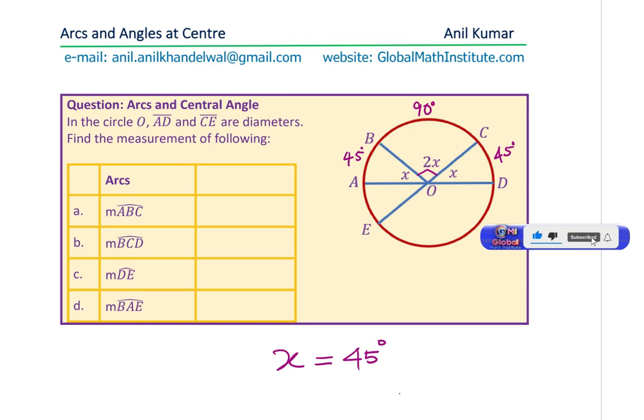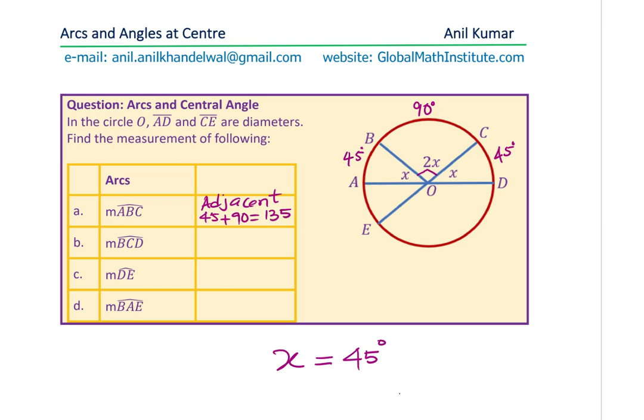Measurement of arc ABC. So ABC, since we have two adjacent arcs, you can add these sums. So it is 45 plus 90, which is 135.